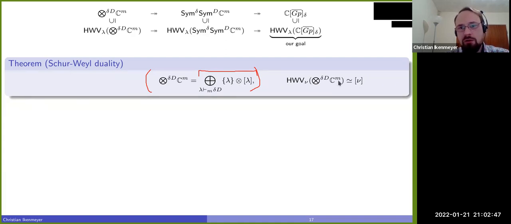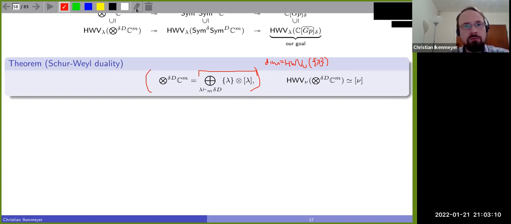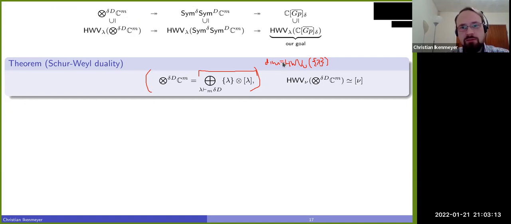So I'm using here now that the highest weight vector space of weight nu of lambda is known. The dimension of this is 1 if lambda is equal to nu, and 0 otherwise.